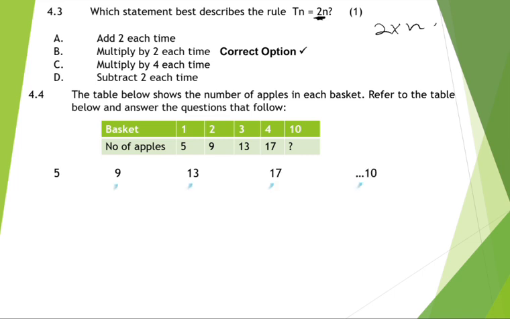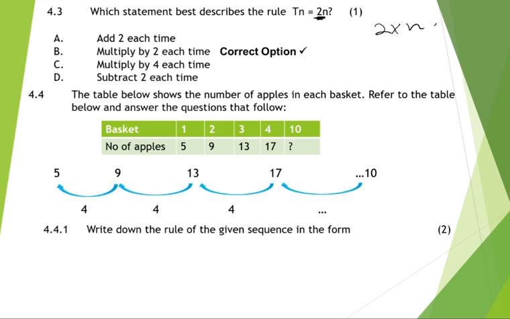The differences are 4, 4, 4, so that's a linear pattern, because we've got a constant difference. Now write down the rule for the sequence. It's a linear pattern, so in the form Tn is equal to dn plus c.